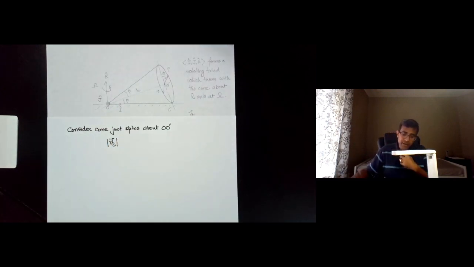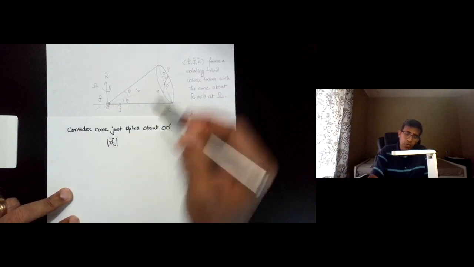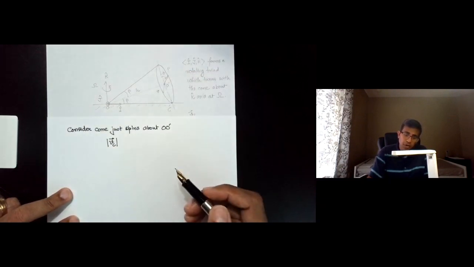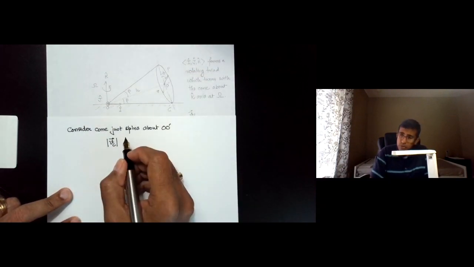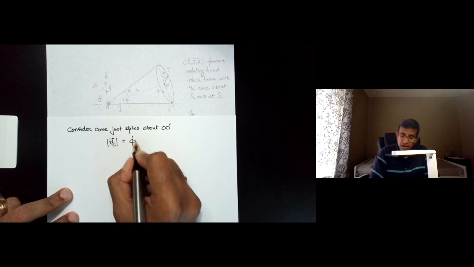I'm just demonstrating a way to relate these velocities quickly without doing too many calculations. I will show a formal calculation of this phi dot in a following video, but now we just consider the cone to be spinning about the O prime axis, and if that was the case, then what would have been the velocity of C? It would have been phi dot r.